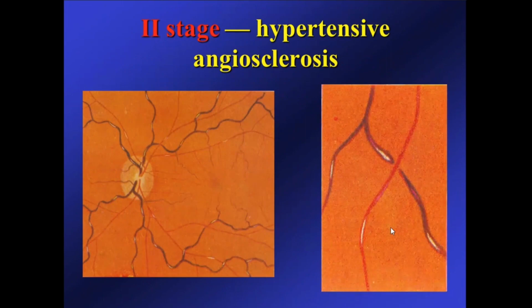On this stage, you can see organic changes in the vessels. In some cases, we see small hemorrhages.